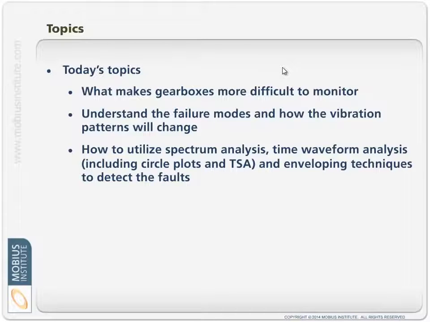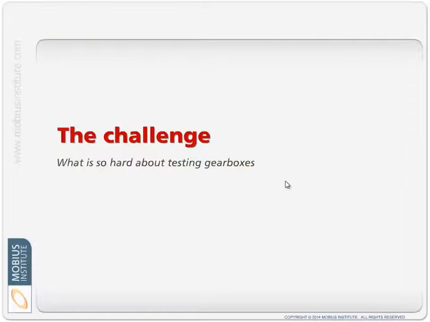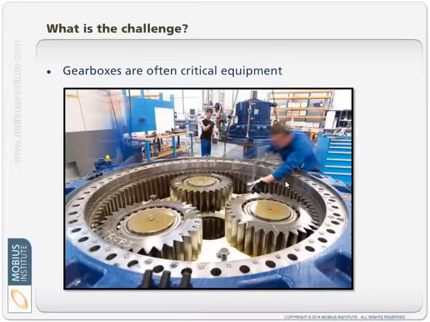And finally, how to use spectrum analysis and time waveform analysis, including techniques like circle plots and time synchronous averaging, as well as enveloping techniques to detect the faults. Because of the time constraints, we don't talk much about the enveloping techniques, but anyway, let's get on with it. So let's first look at the challenge that you are posed with when looking at gearboxes.